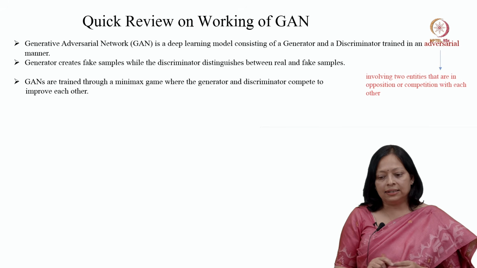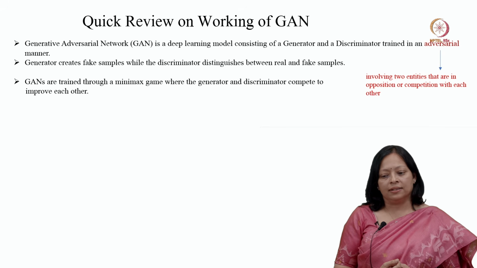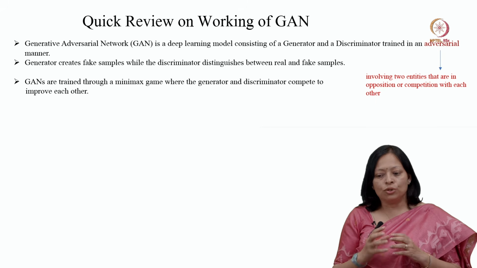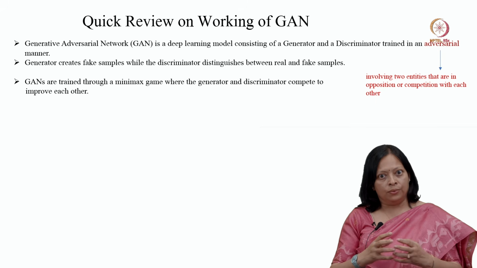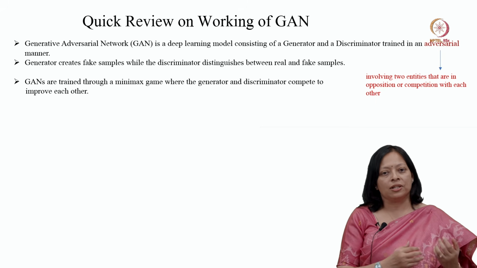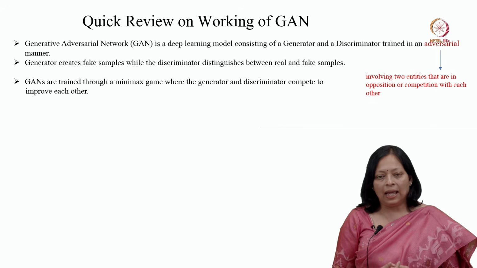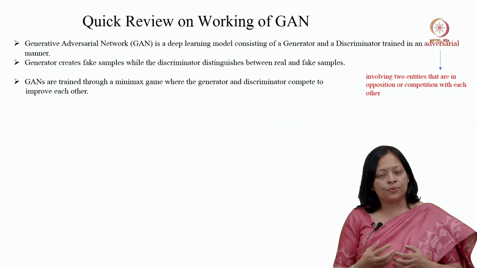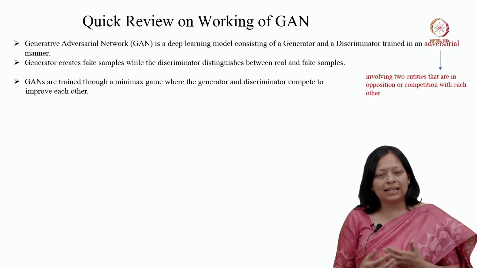When I say they are trained in an adversarial manner, I mean that there are two entities, in this case the generator and the discriminator, and they are in opposition and competing with each other. So, it is like a game.